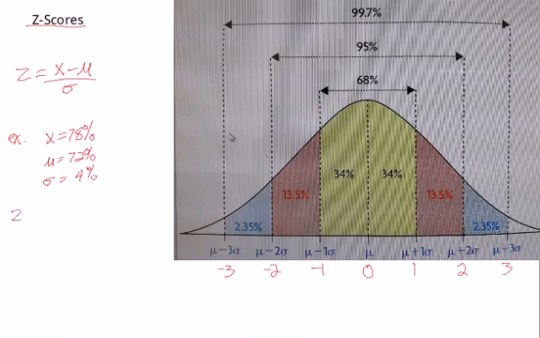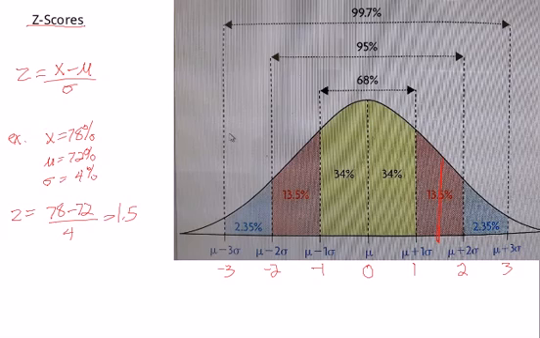We can calculate the z-score. On your calculator, you'd go 78 minus 72, divided by 4, and that gives us 1.5. What that means is that compared to everybody else in the group, you are at 1.5, so you're at this higher portion of the graph.